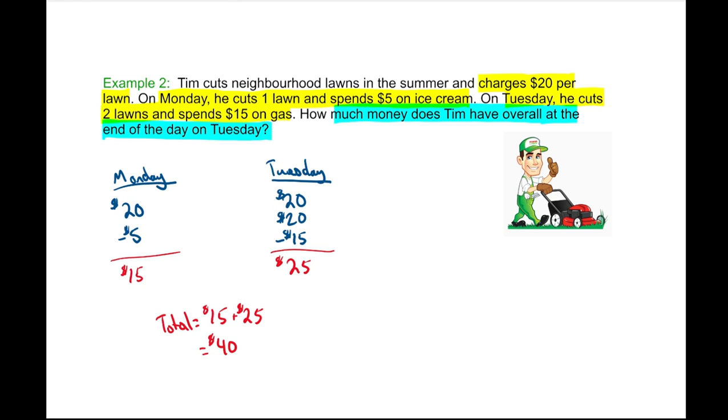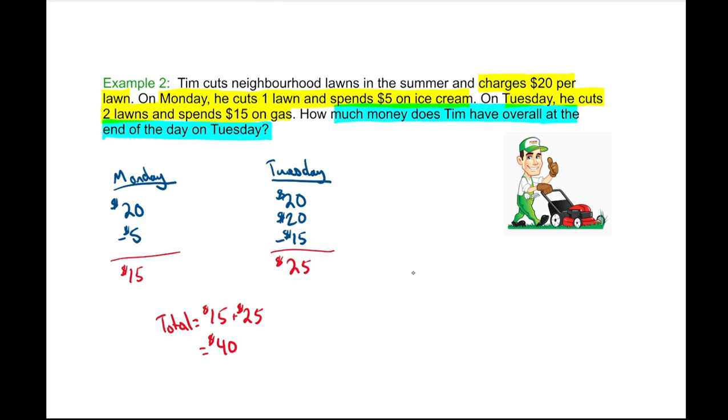One of the other ways that you could have solved this is to not even worry about it being Monday and Tuesday separately, and just add them all up together. So again, understanding that when he's cutting lawns, he's earning money, so it's in the positive, and spending money would just mean the negative.